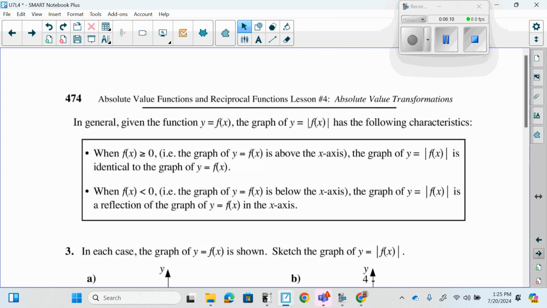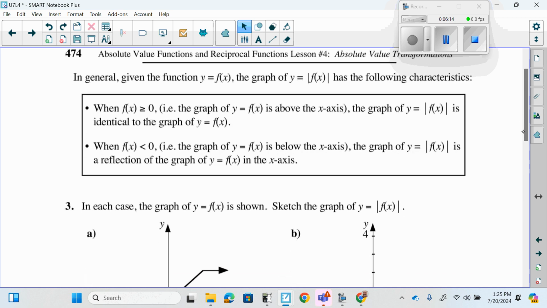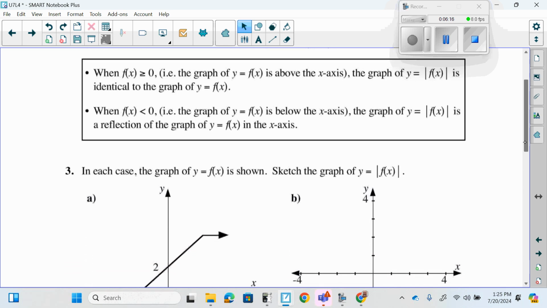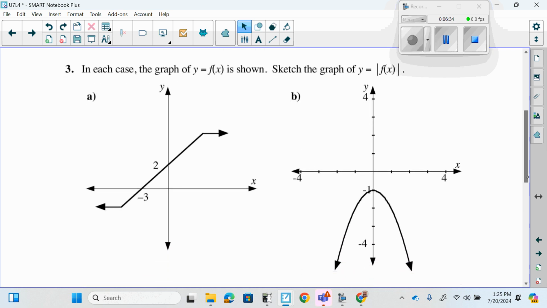Okay, so when f of x is greater than 0, when the y values are greater than 0, when it's above the x-axis, then the graph is the same, but when not, it's a vertical reflection along the x-axis. So now I can give you any random graph and say, hey, random graph, let's draw you as an absolute value. The part that's already above the axis stays the same.